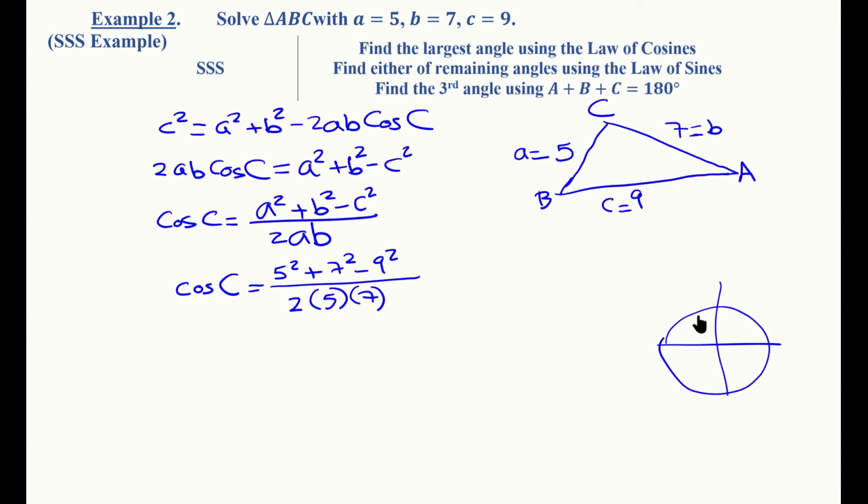So if this cosine ends up being negative, then the angle is going to be in this region, which means it will be obtuse, because this is where the cosine is negative. So once we calculate the cosine here, we will know if it's going to be obtuse or not.